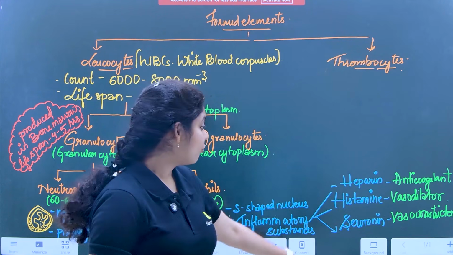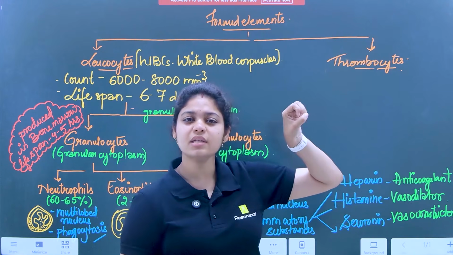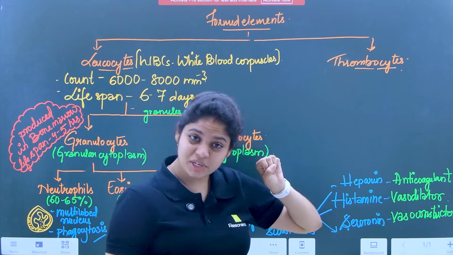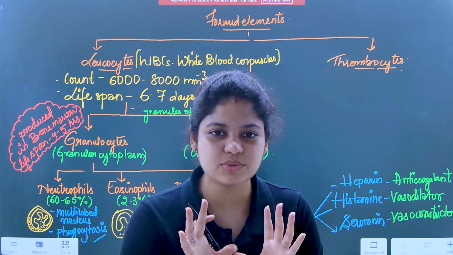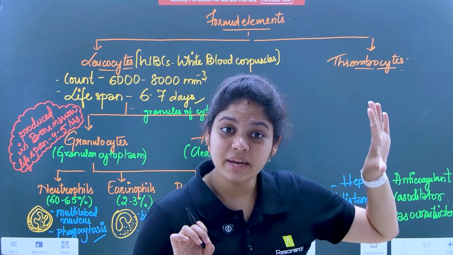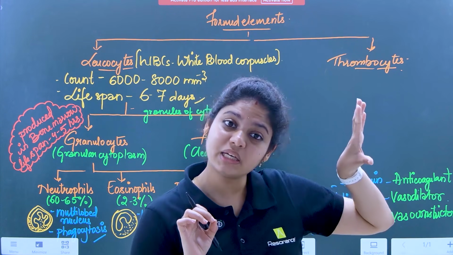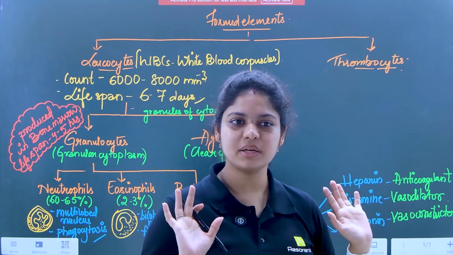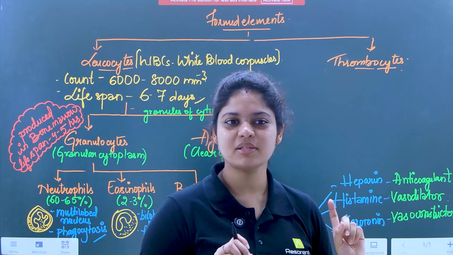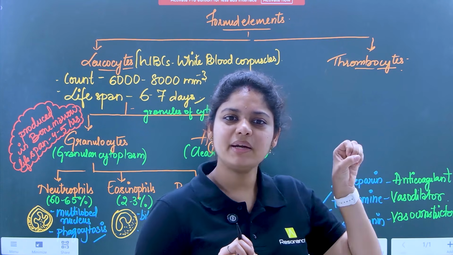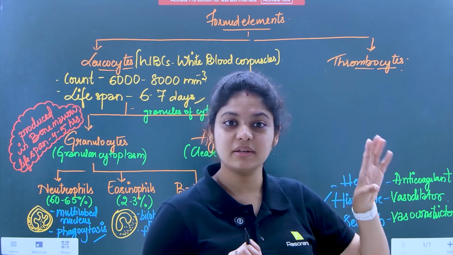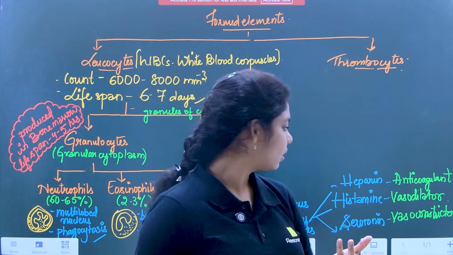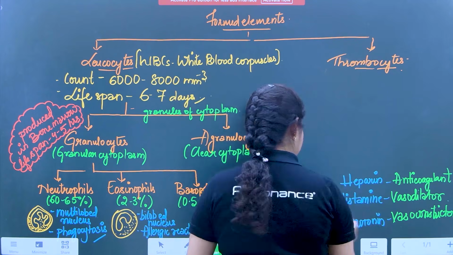Vasodilator means increases the diameter of blood vessel. Vasoconstrictor: what is vaso? Blood vessel. Dilator means dilate, increase. Constrictor means contract, decrease. Easy to understand now? Fatima, did you understand what is vasodilator? Blood vessel dilation, vasodilator. Blood vessel constriction, vasoconstrictor. I will write this term once again.